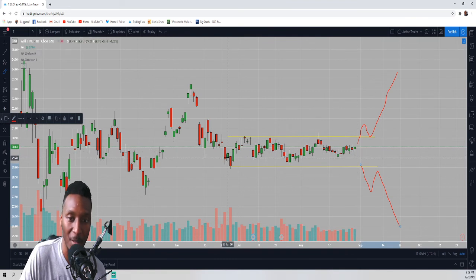So you could be accumulating shares in here, which I think is what's going on. That's why I'm expecting to get a big move out of here, because people are buying shares, accumulating shares here. And I do believe AT&T pays a dividend as well. It's a dividend stock. So when you get this move, it's going to make a lot of money for some people, whoever's on the right side.